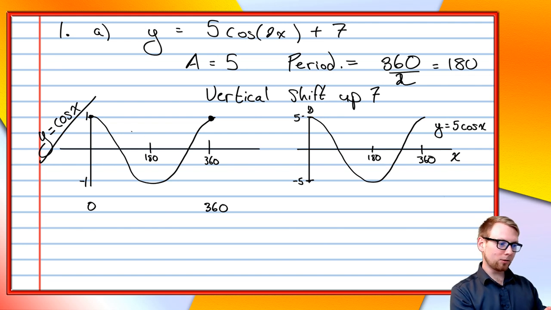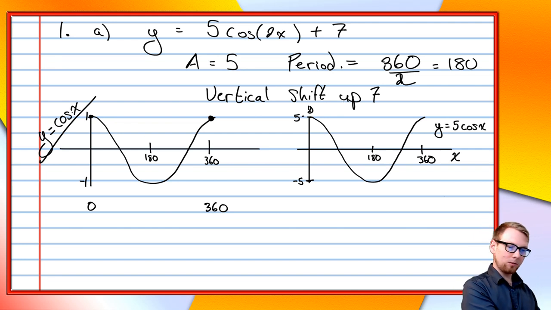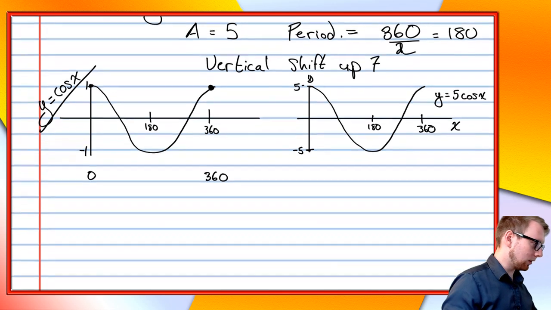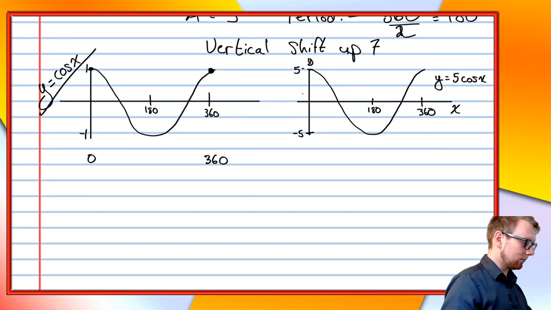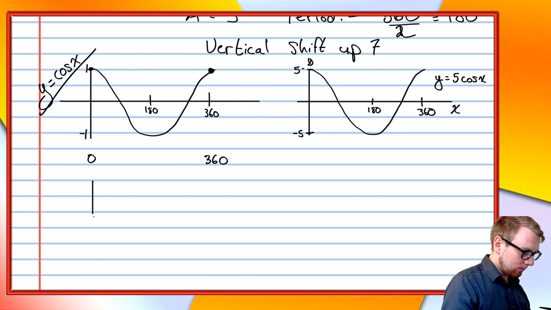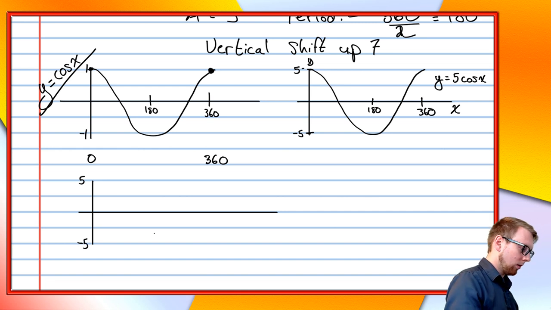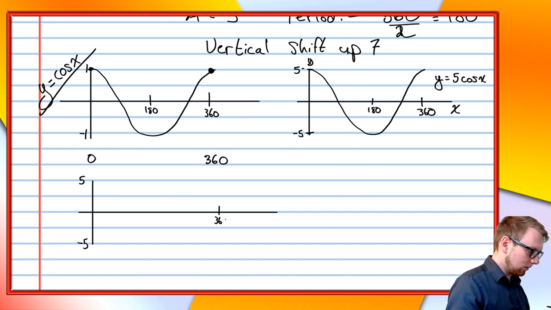So the first one was drawing the base. The next one, we added the amplitude. So now we have two more things we can choose from. Let's change the period next. So you know that the period is now 180 degrees. Okay? So let's start drawing that again. But now we've got our 5 and -5. We're going to keep that the same. So here's our 5 and our -5. Here's our 360 degrees.